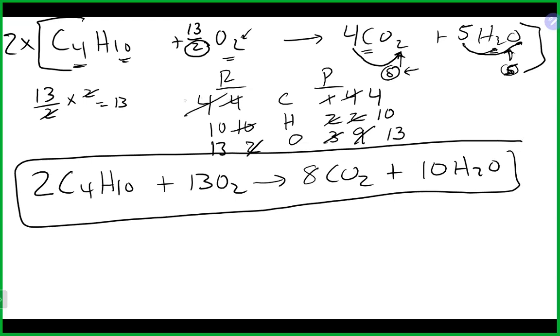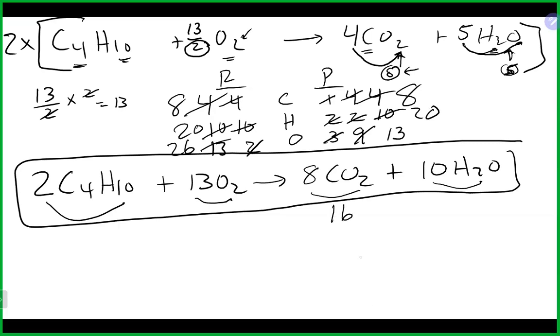So we have 8 carbons on the left, 8 on the right. 2 times 10 is 20 hydrogens. 10 times 2 is 20 on the right. 13 times 2 is 26, I think. Over here, we have 16 oxygens, and 10 times 1 is 10. 10 and 16 is 26, yeah. And we are balanced in this case.